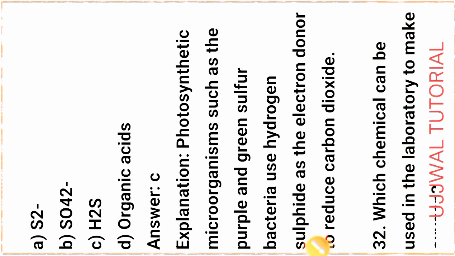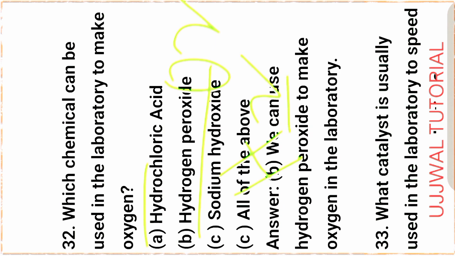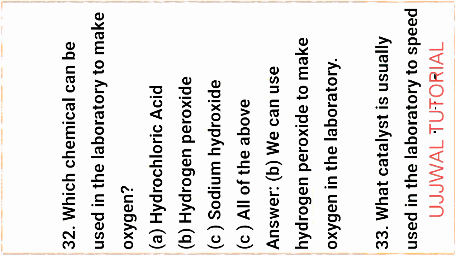Next question, number 32. Which chemical can be used in the laboratory to make oxygen? Option B, hydrogen peroxide, formula H2O2. You can use hydrogen peroxide to make oxygen in the laboratory.